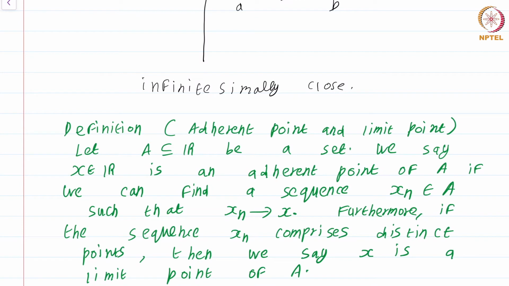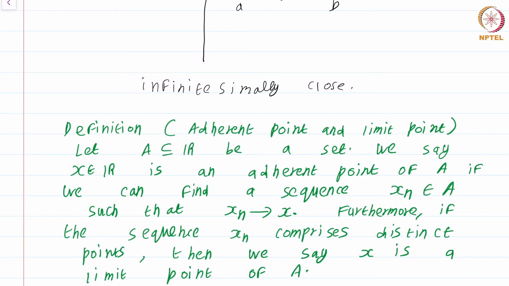So this adherent point captures the idea that a point x is, quote unquote, infinitesimally close to the set A. So what we are saying is the point x is adherent to A if you can find elements of A that converge to x.